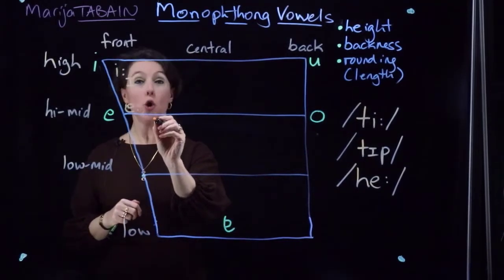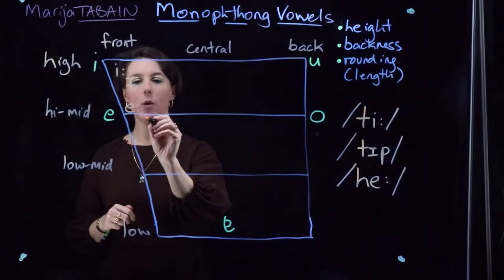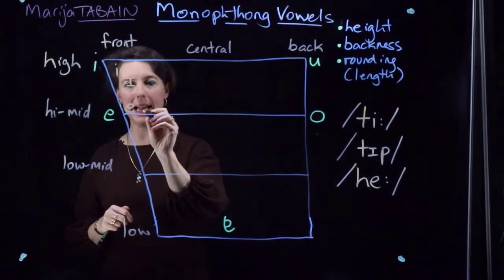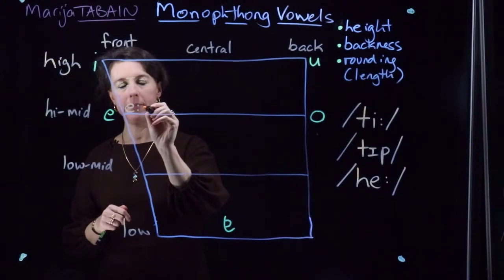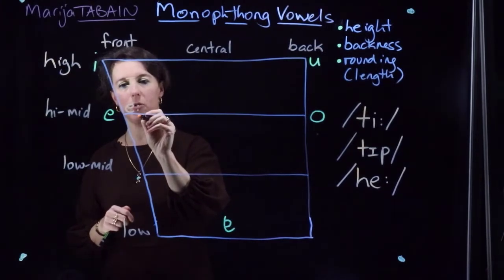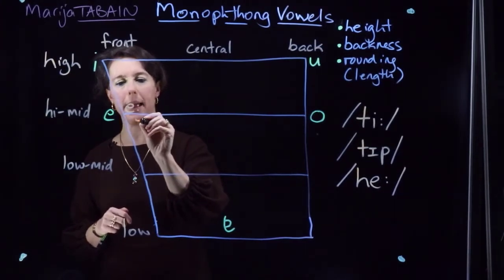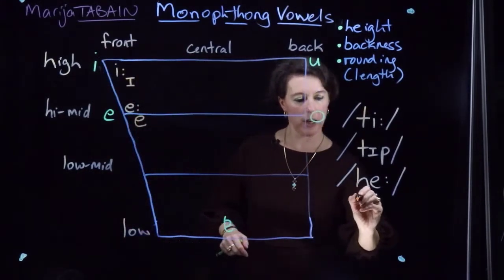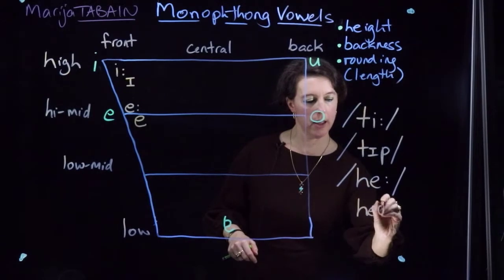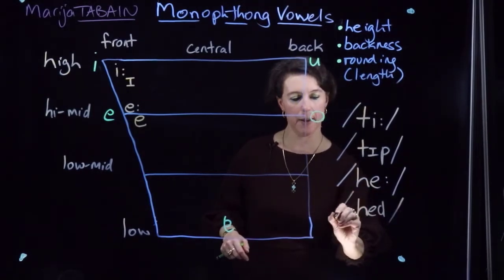And then you can get a short version of the air vowel, which is e, and it's pretty much next door. They're kind of overlapping, but I have to draw them separately. So this might be the short vowel, as in a word like head. On your head you have hair.